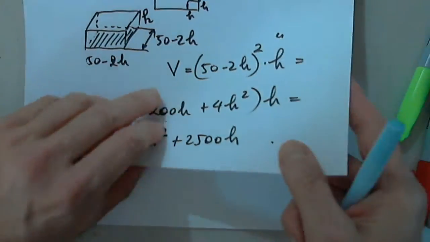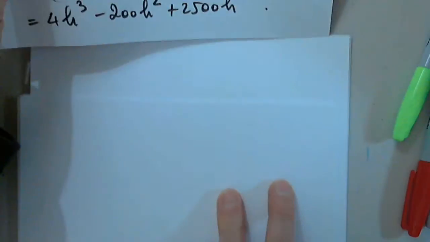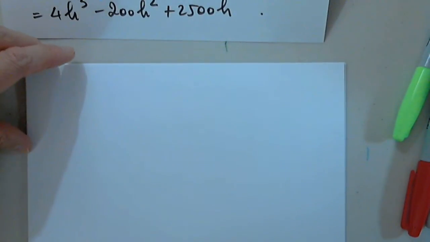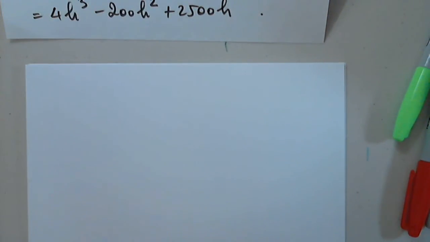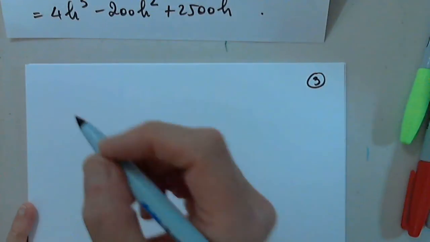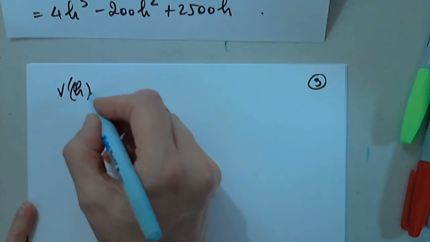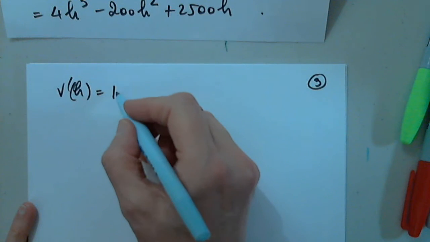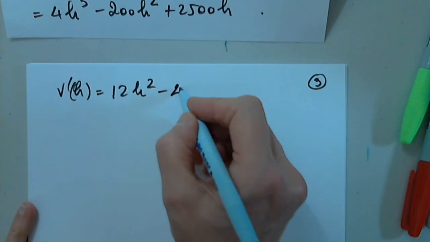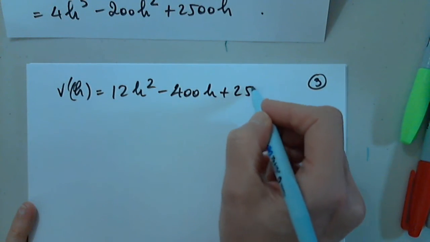Okay, so now we have the function and we want to maximize it. Every time we talk about max min, we have to discuss the derivative. So V prime of h will be 12h squared minus 400h plus 2500.